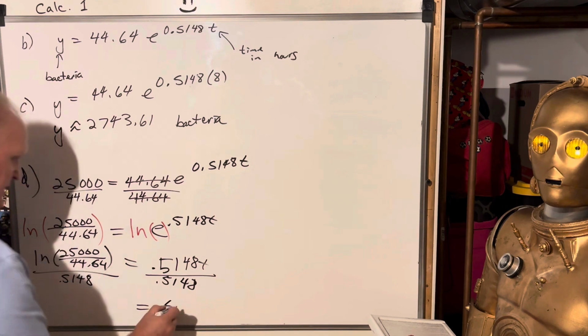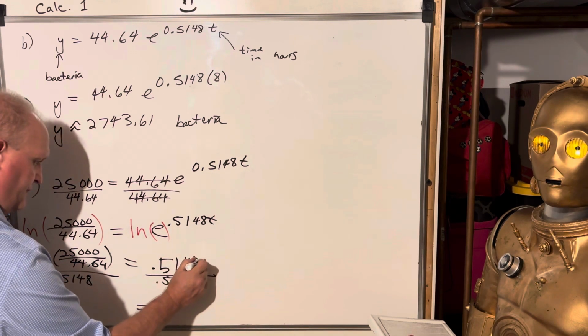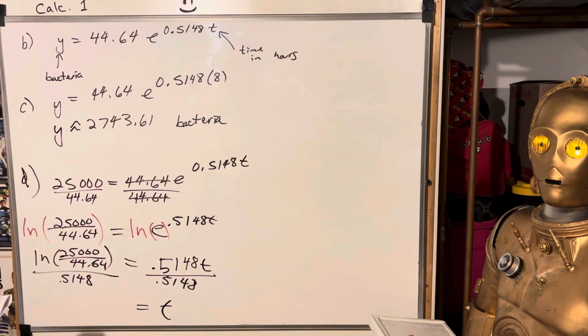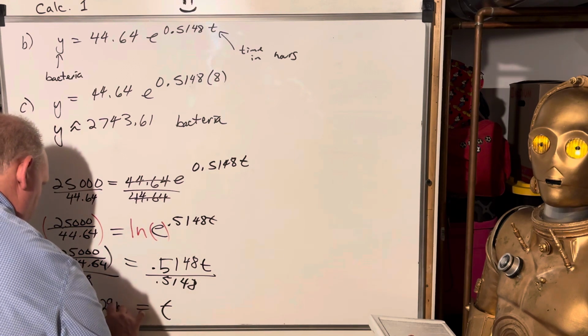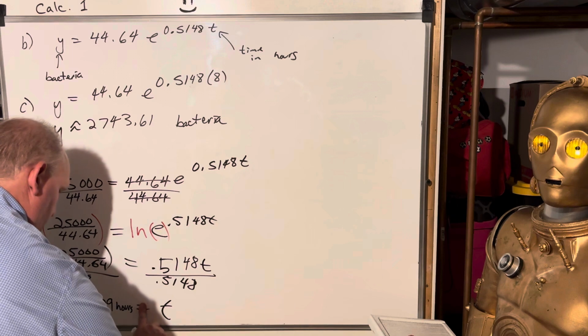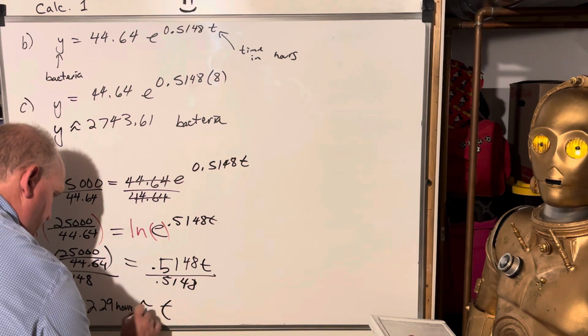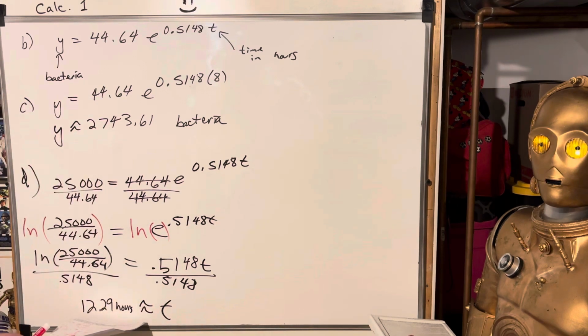And so t is then equal to about 12.29 hours. And we're going to make that squiggly. When you see the squiggly, that means approximately. It's an approximation. All right.